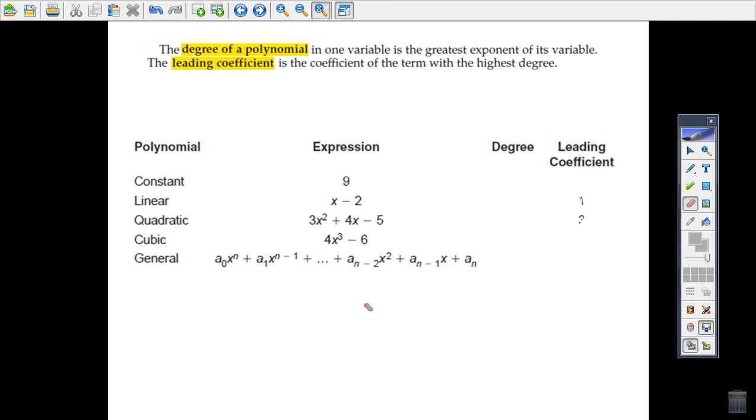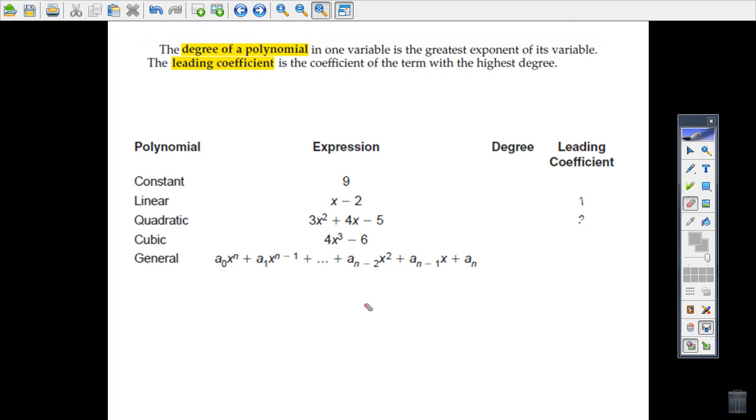Then x to the n power, where n is a non-zero integer. Then here you have n minus 1, because the powers go down. So if n is 5, then the next term is going to be x to the fourth. And that will make the next one x to the third, and keep going. And then these a sub 0, a sub 1, and all these little guys on the bottom, they just tell you that these are the coefficients that go with each term.